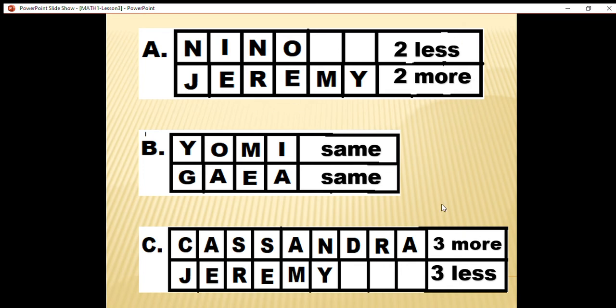Where there are extra letters on the other side, we know that the other word has more letters. And if there is no extra letter, we will know it is less. But if they have the same number of letters, like in our letter B, Yumi and Gaya, we'll just put same.